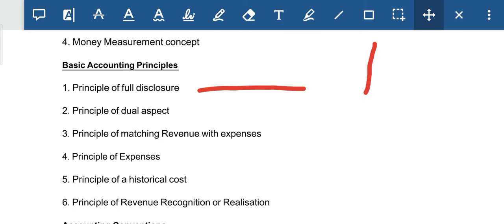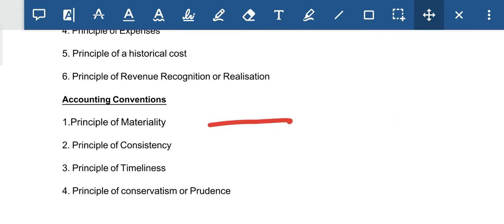But as per this principle, only those transactions are to be disclosed which are of significant nature. For example, if someone is running a business in crores, then they need not disclose if an accountant purchases a pen of 20 rupees. Those can be shown under the heading stationery expenses because that is not a significant item to be disclosed. Clear?